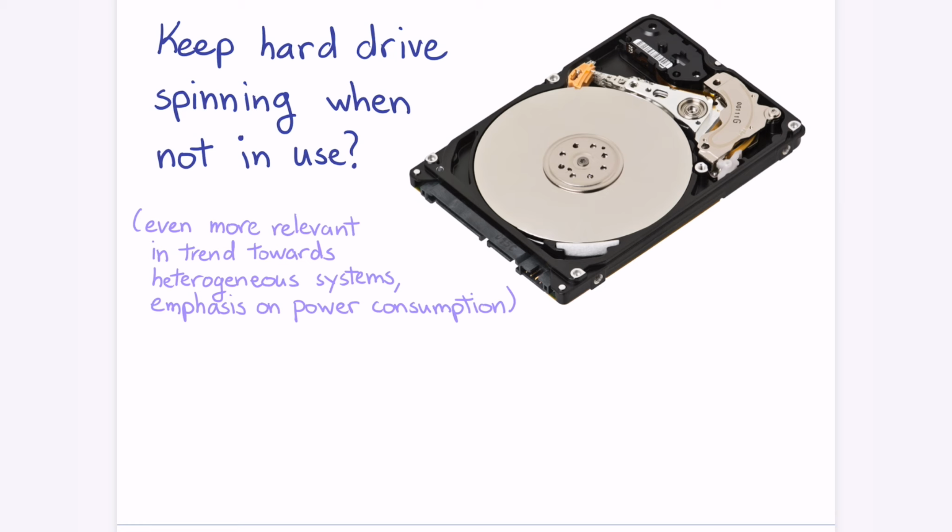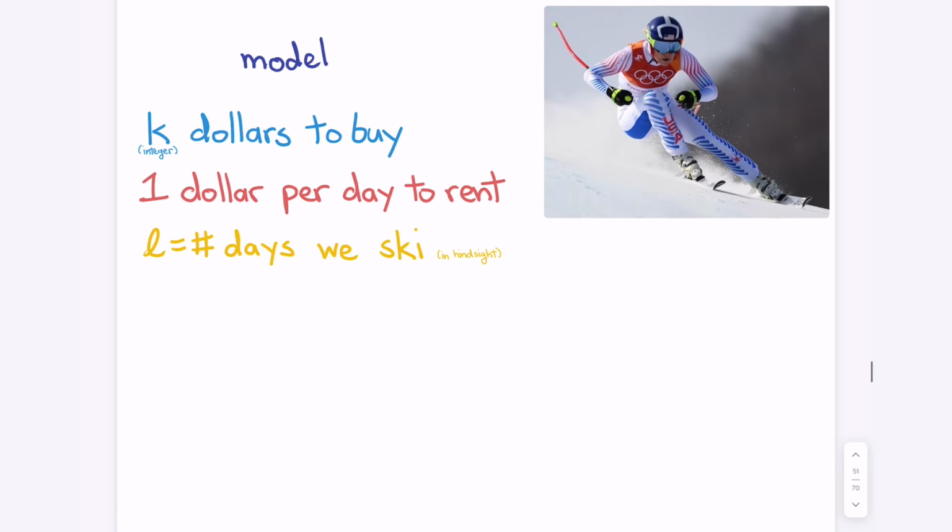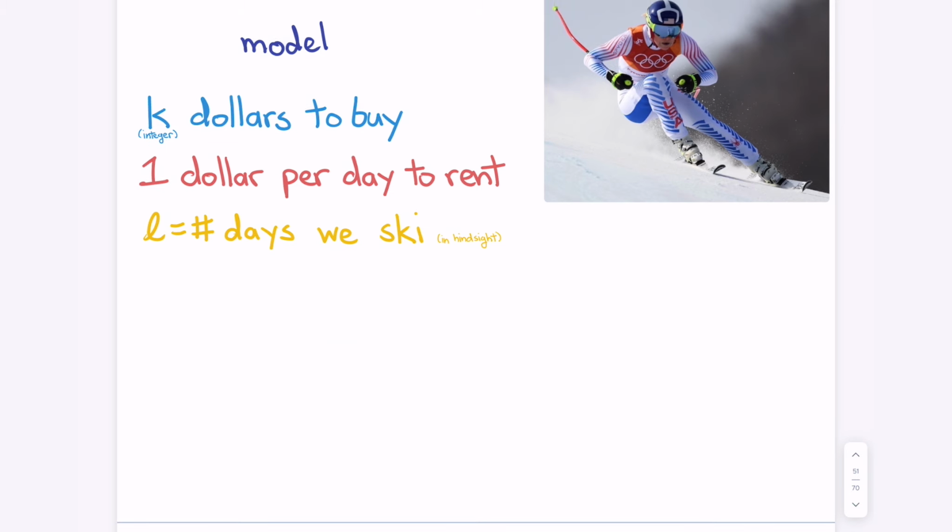Okay, good. So we're going to stick to the ski story. For some reason, I felt like I should have pictures on every slide. I made this slide a long time ago. But the game is: skis cost K dollars for some known parameter K, and every day you can rent skis for $1. It's not realistic. K is really the ratio of buying to renting.